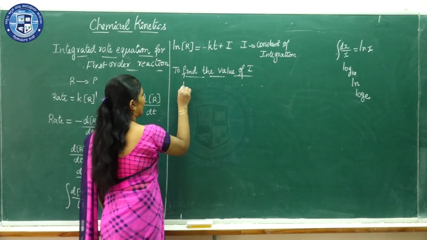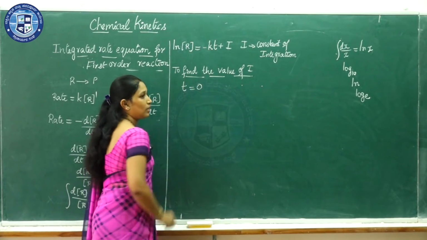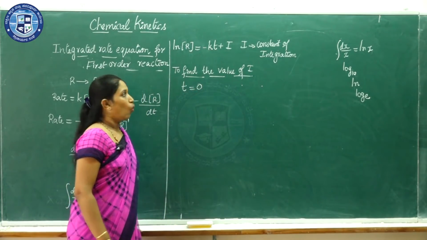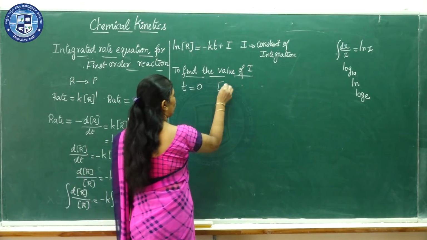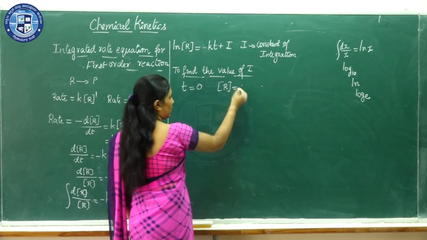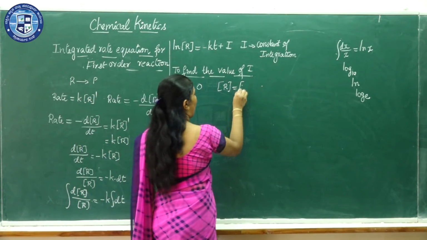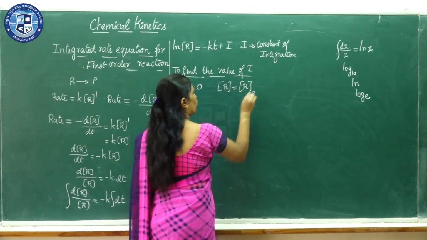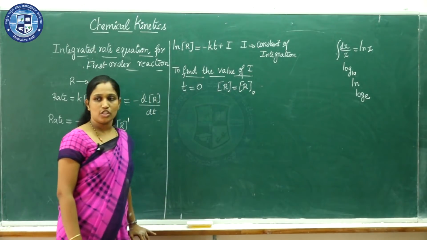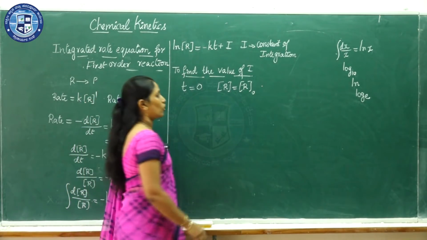I will take the time t is equal to 0. What is the concentration of R at time t is equal to 0? At time t is equal to 0, concentration of R is R naught. Okay, that refers to the initial concentration.